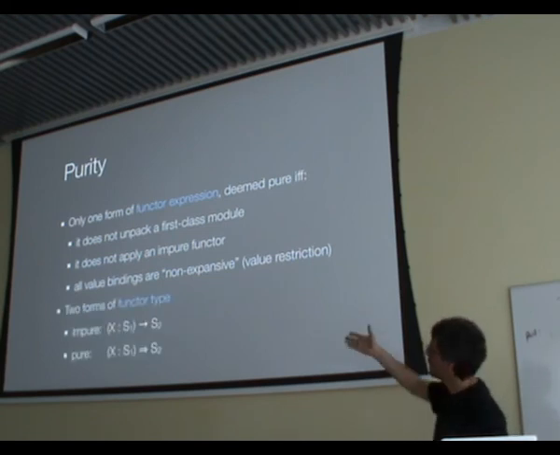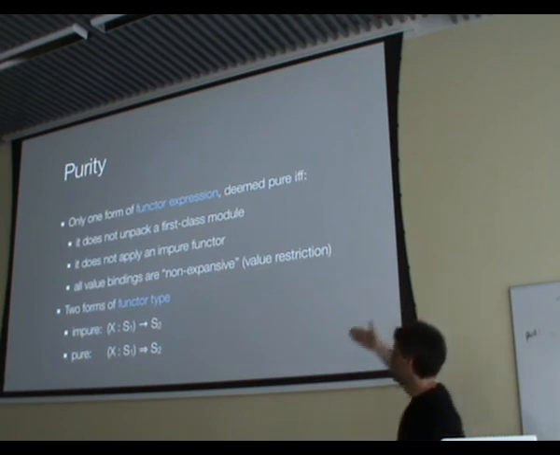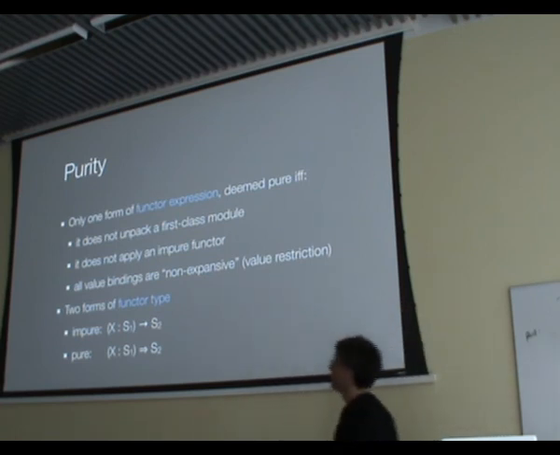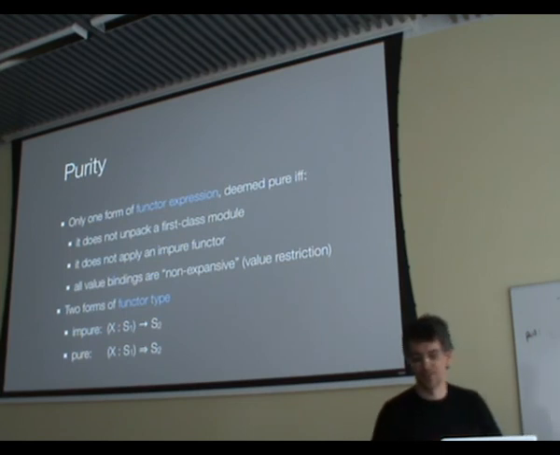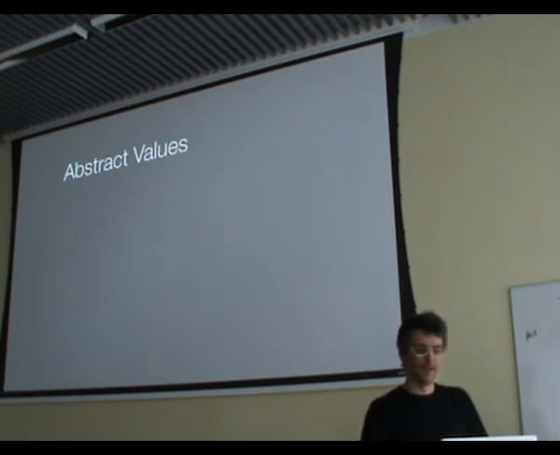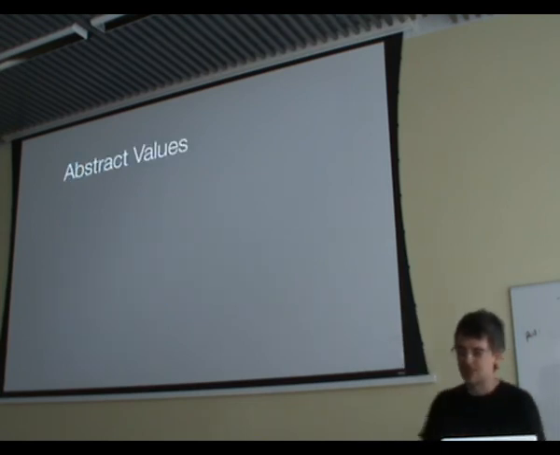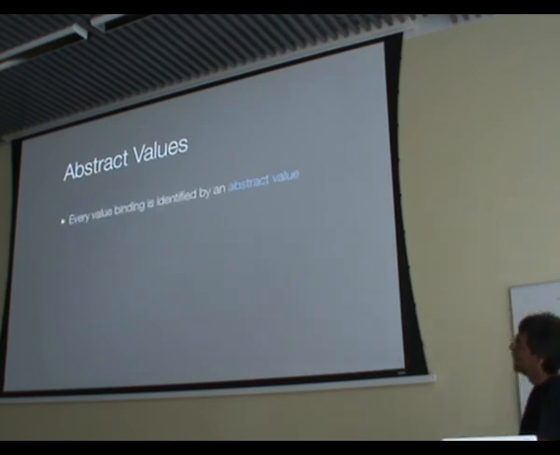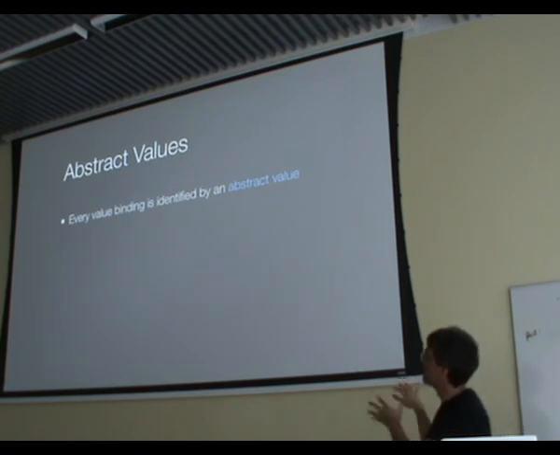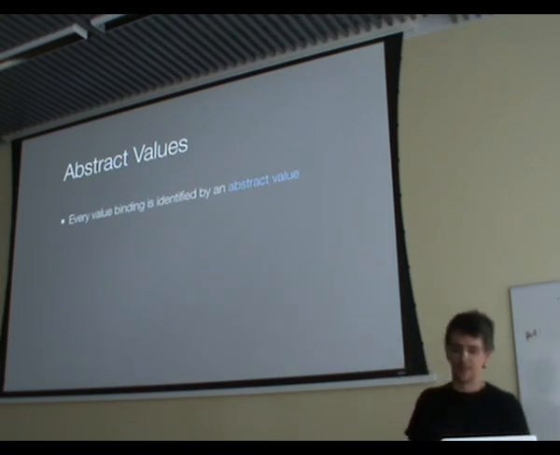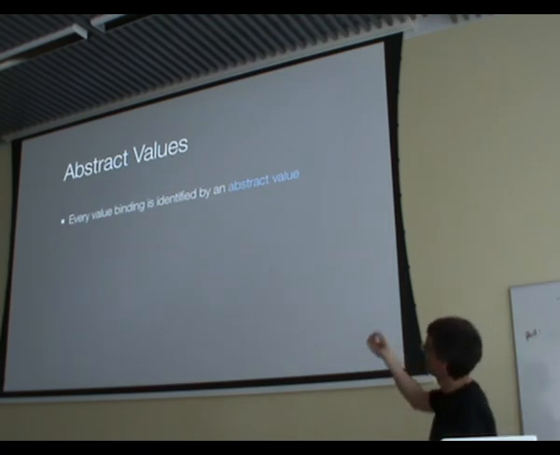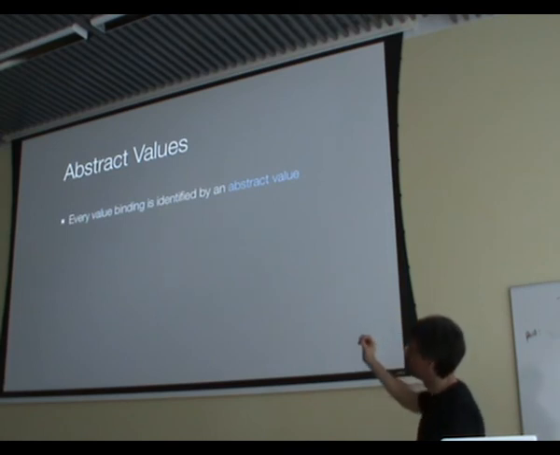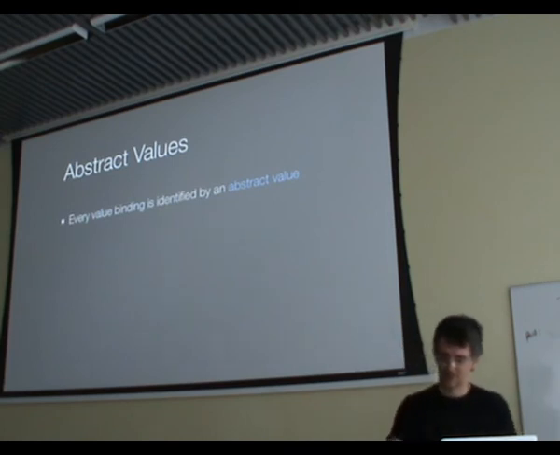But of course on the type level you have to distinguish between pure and impure functors, so you have to introduce two different functor signature types. And for values, this is only more or less on the semantic level, but the idea is that we assign abstract identity to each binding, to each variable that is bound in a functor or in the module.